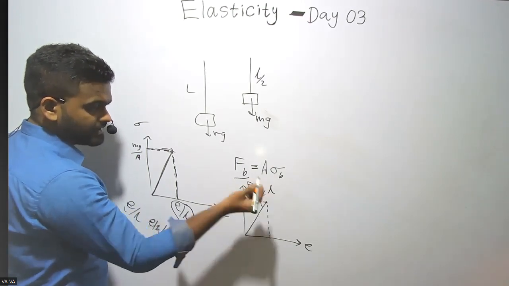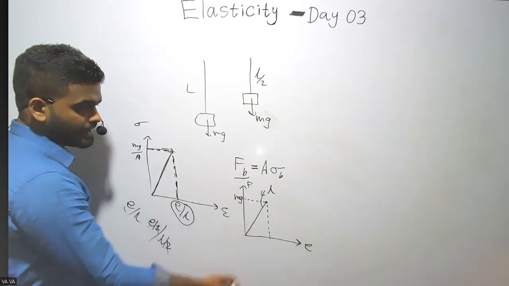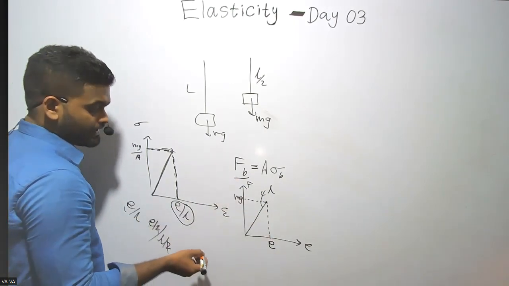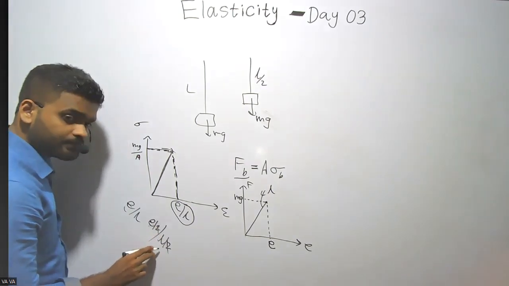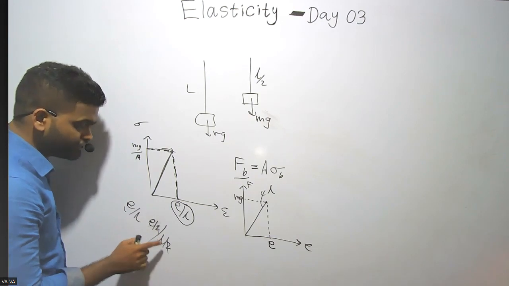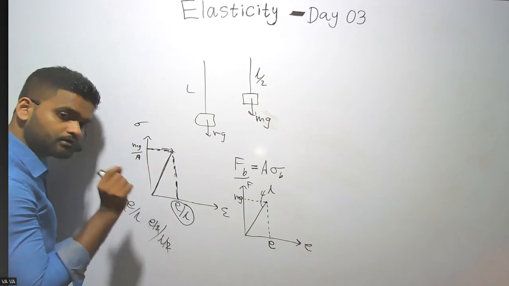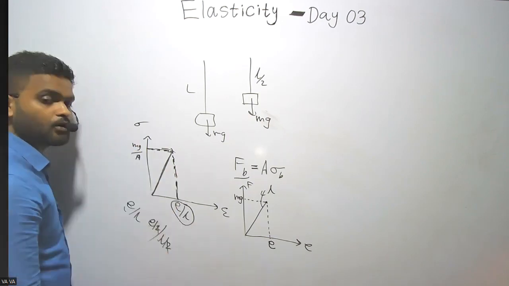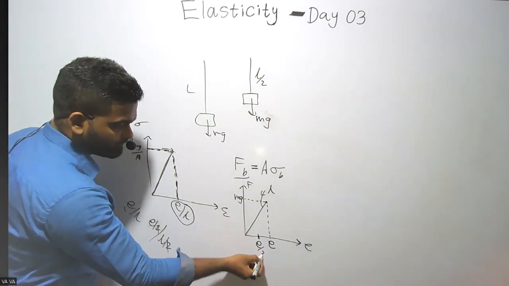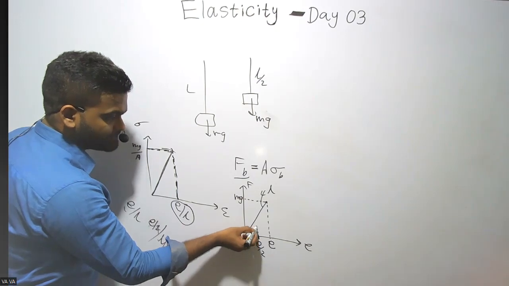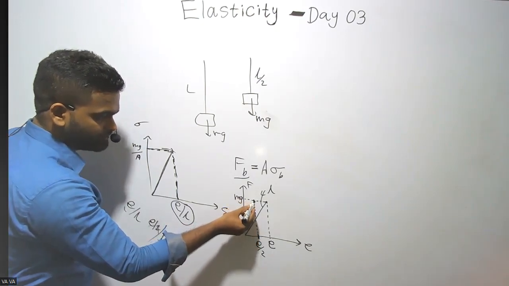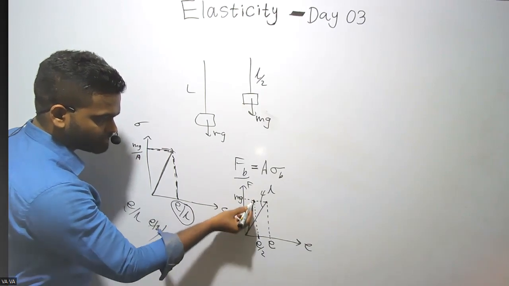This graph is for the L wire, and the extension was simply E. So when you take half of the wire, what is the new extension? In order to keep this strain constant, the extension now has to be half. mg does not change. We are applying the same mg. So the new force extension graph is going to be this one.